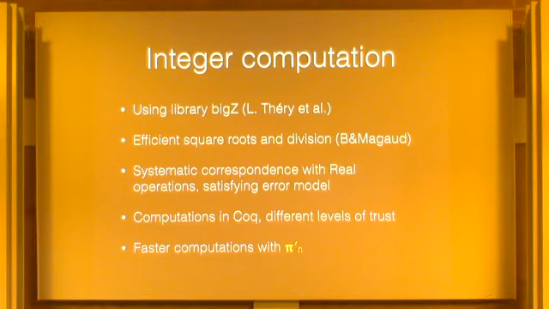So I have a systematic correspondence between real numbers, that were the object of my first proof, and the natural numbers. I did all the proofs of the error analysis using real numbers, and only at the last moment I say these real numbers and these operations with rounding errors are refined by the operations on natural numbers.